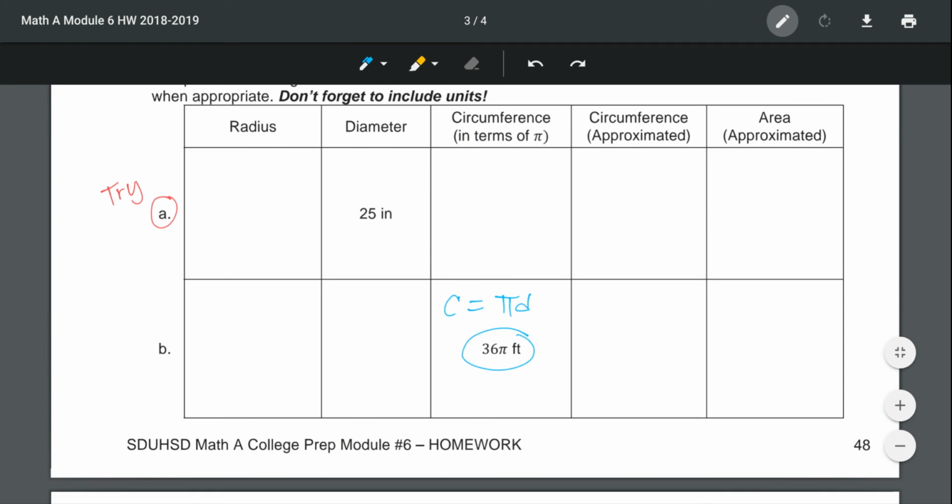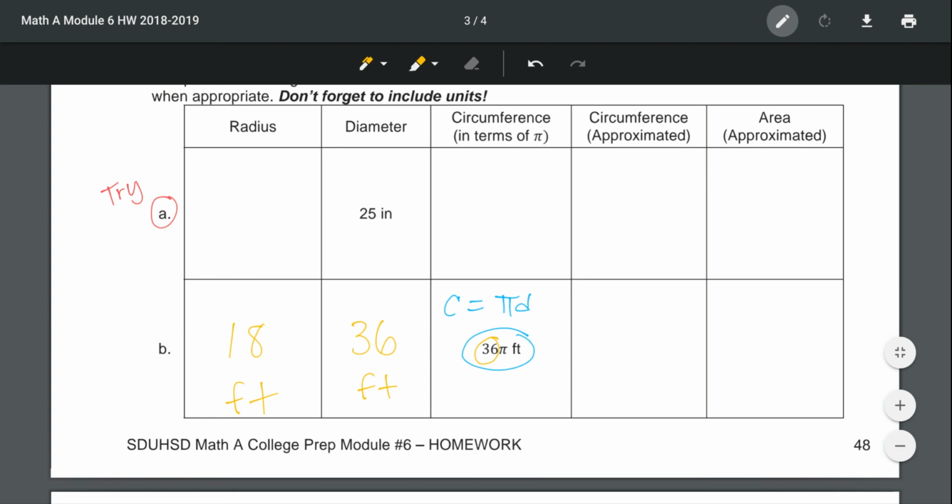So if 36 is the diameter, then remember that the radius is half of the diameter. So that means the radius would be 18. I'm going to make sure I have my units, feet.